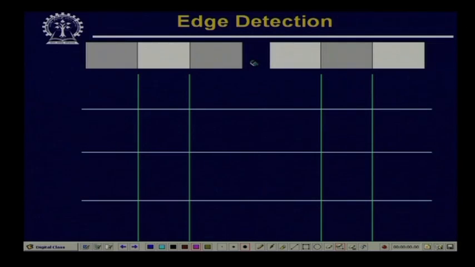Now, in this particular case, if I try to draw the intensity profile along a horizontal line, it will be something like this. You have a transition from dark region to bright region, then from bright region to dark region, whereas in the second case the transition will be in the other direction: bright to dark and again to bright.